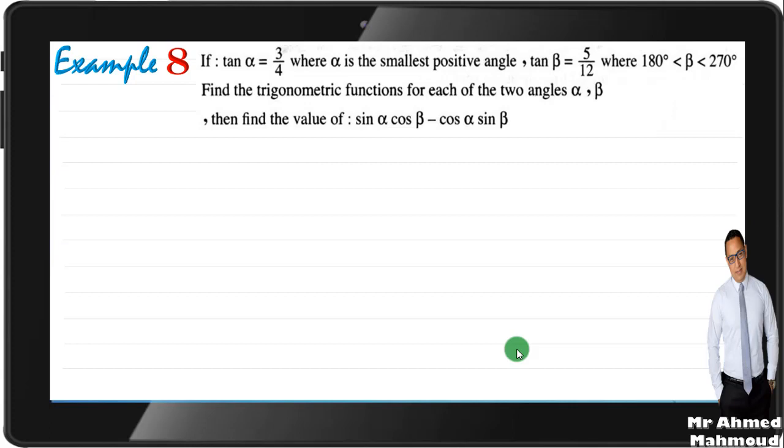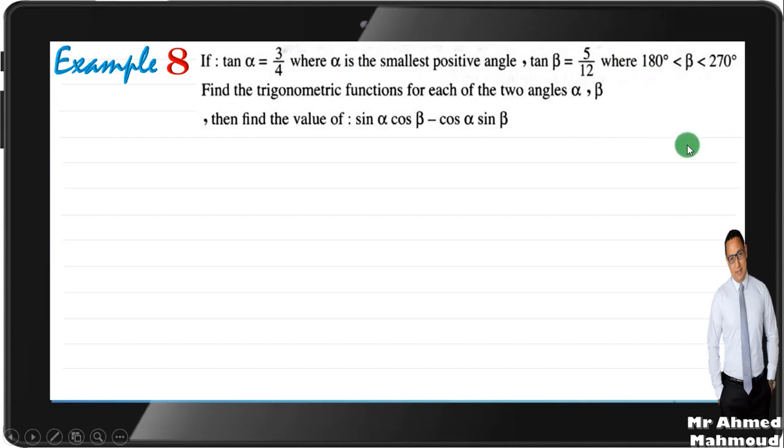Now by looking at alpha, tan alpha equals 3 over 4, which is positive, and tan is positive in the first and in the third, but he said the smallest positive, so I will choose the first quadrant. I will draw alpha in the first quadrant, and beta belongs to the third quadrant, between 180 and 270.